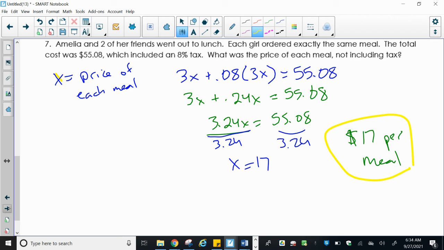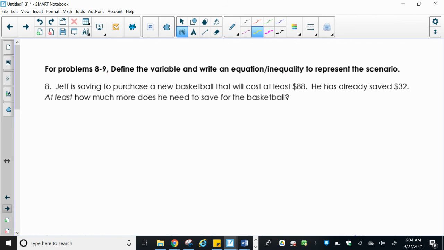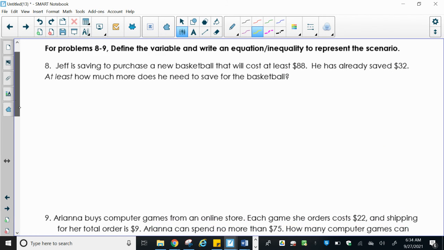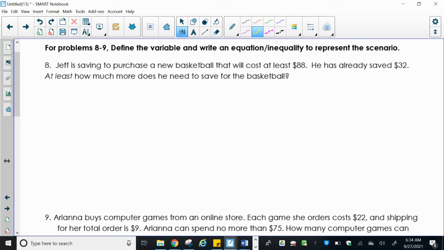All right, last page. Jeff is saving to purchase a new basketball that costs at least $88. He already has saved $32. At least how much more does he need to save for the basketball? So x is money saving. We already have 32 plus x, where x is just how much money we need to save outside of that.